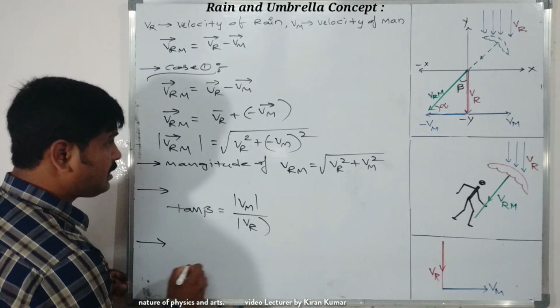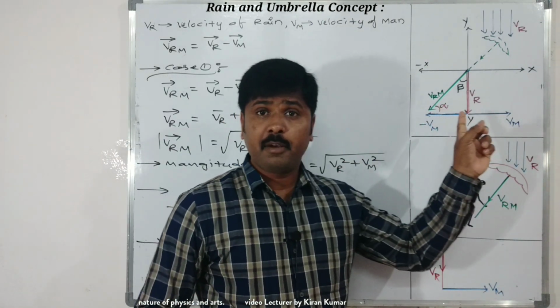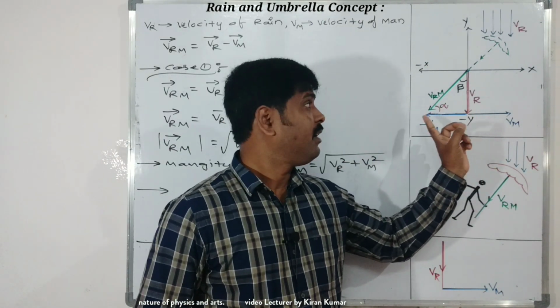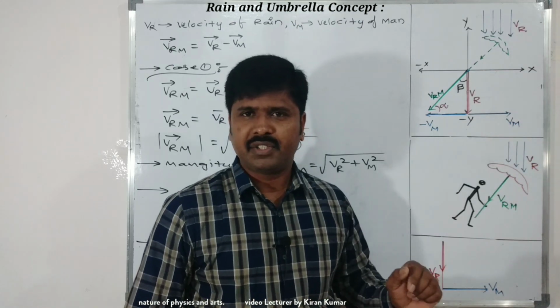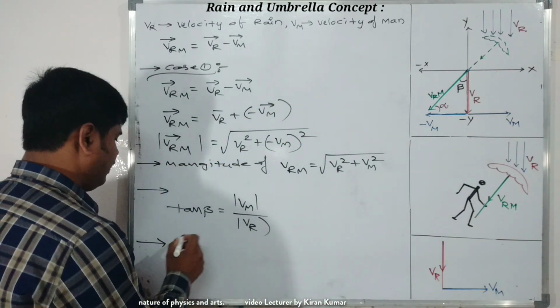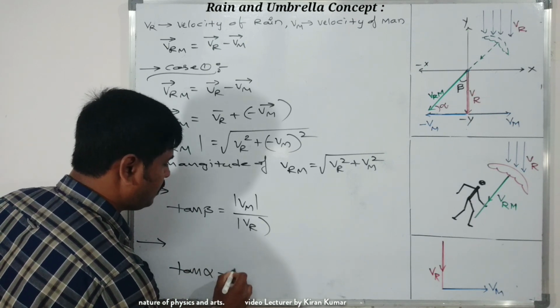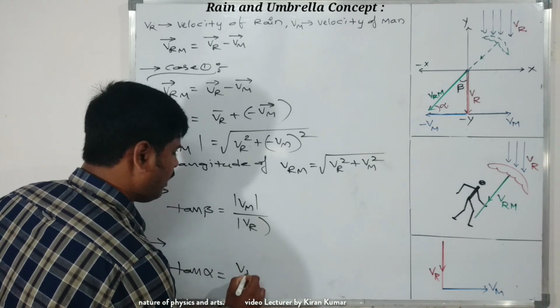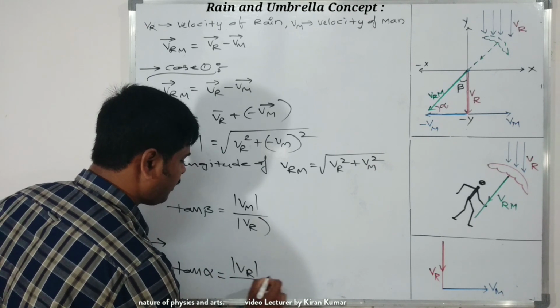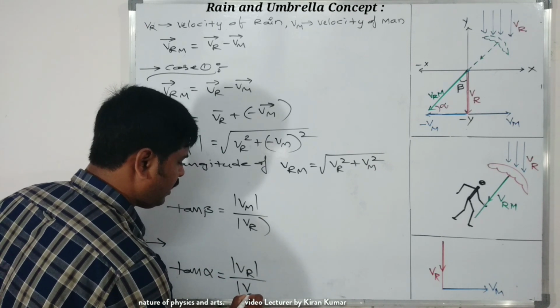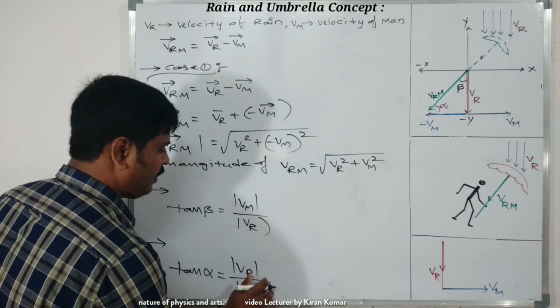Alpha is the angle made by the umbrella with the horizontal direction. Then tan alpha is equal to mod Vr divided by mod Vm.